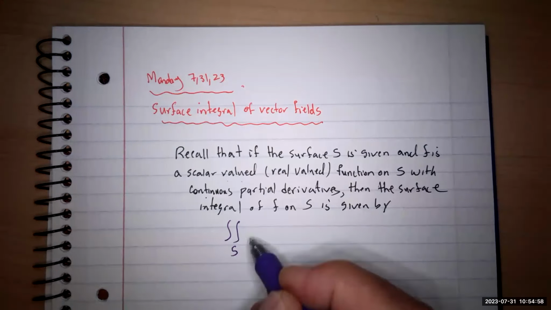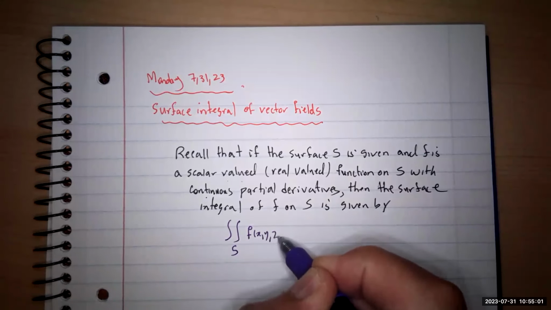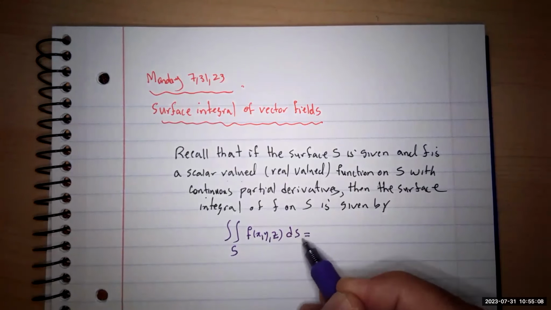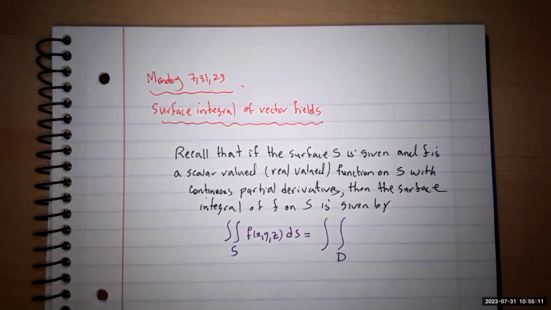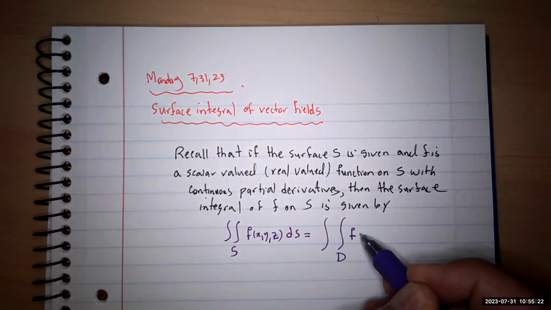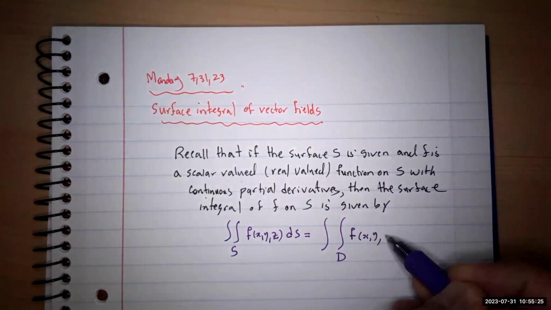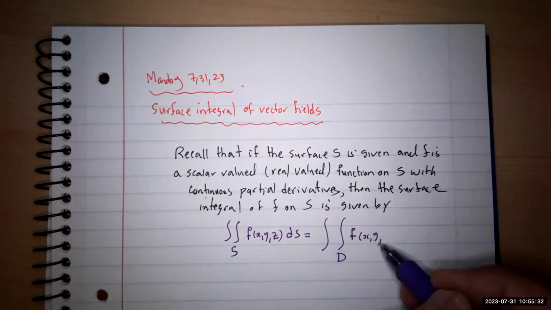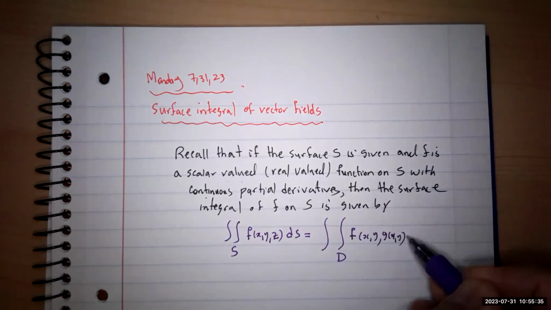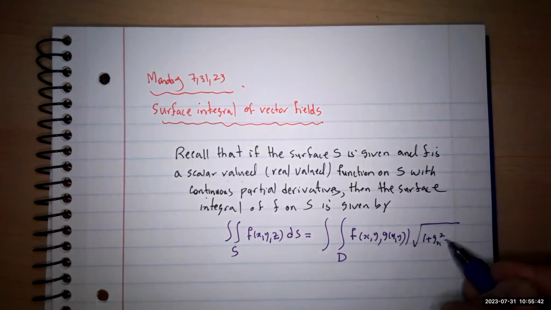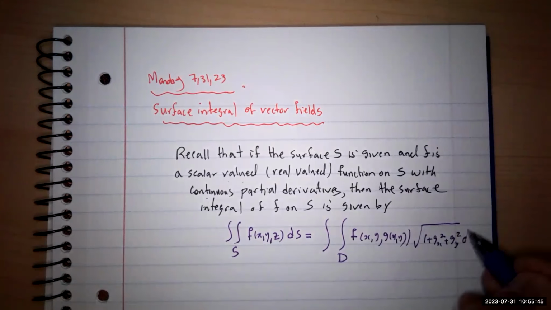The function f of x, y, z is a scalar valued function, and it's going to be the differential of the surface dS. This changes to a double integral on the domain D, where your F is f of x, y, g of x, y, then the square root of 1 plus g sub x squared plus g sub y squared, then dx dy.